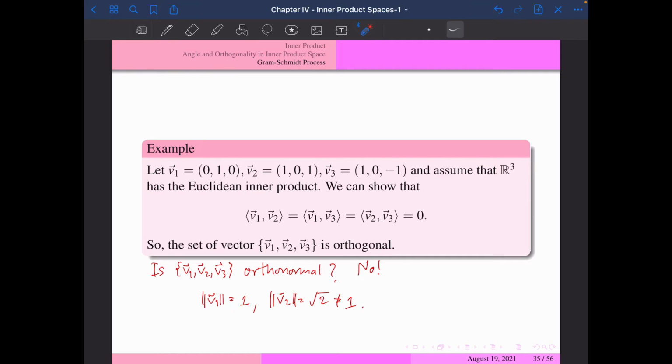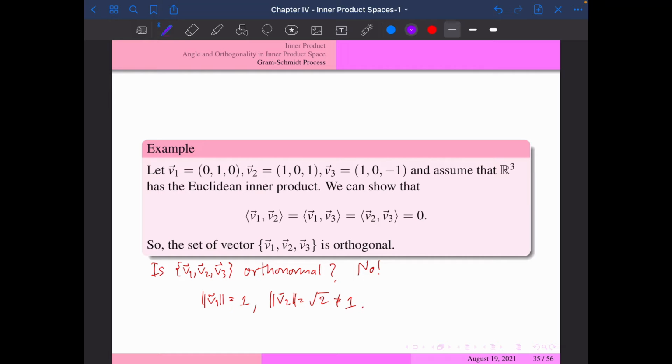So how do we change this set to be an orthonormal set? The answer is very easy. If you need an orthonormal set, you need to normalize each vector.